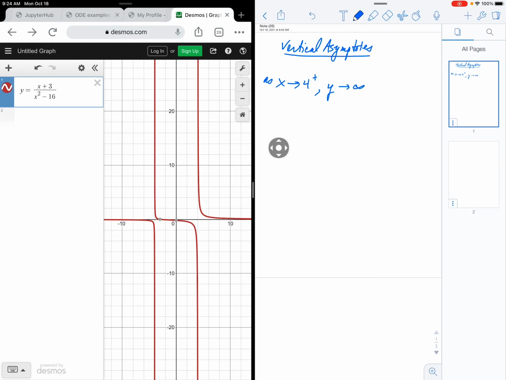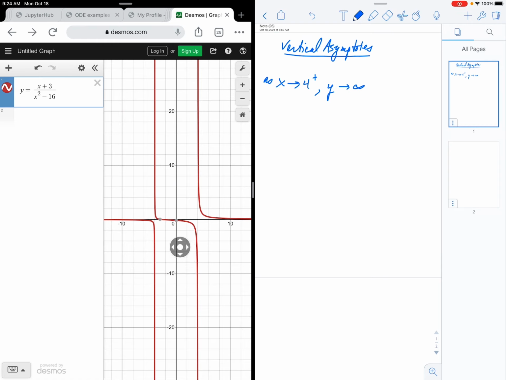All right, and then likewise, you can notice what happens as you approach 4 from the left. If I click on the graph, the x-coordinate is 1.76, 2.4, 3.2, approaching 4 from the left. What's happening to the y-coordinate? Well, it's getting large negatively. X-coordinate's 3.8, y-coordinate's negative 7.6, negative 9, negative 10, and so on.